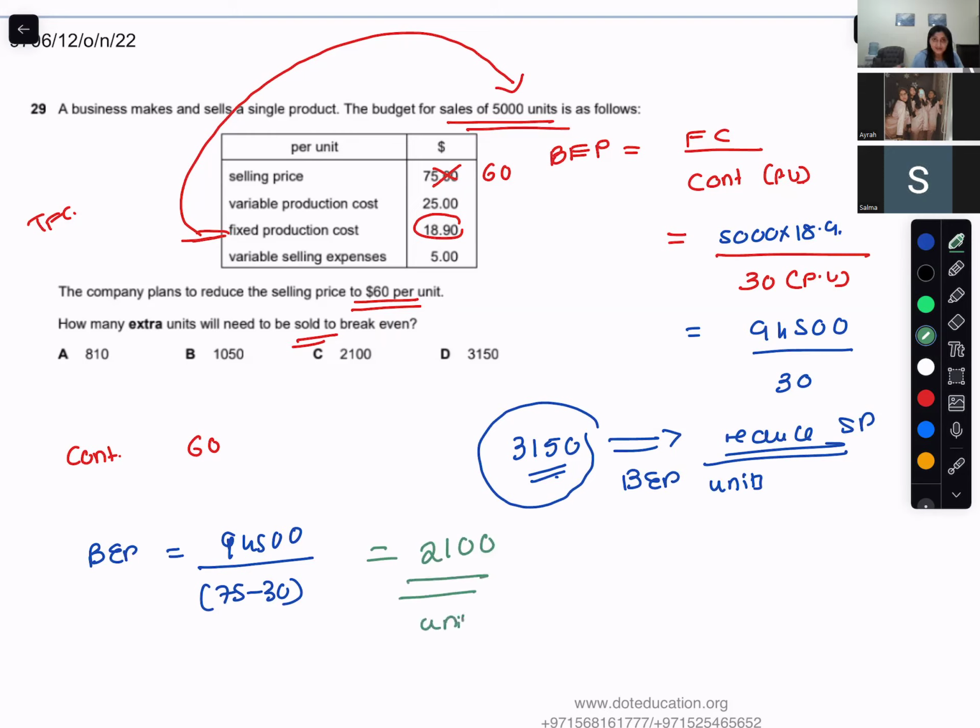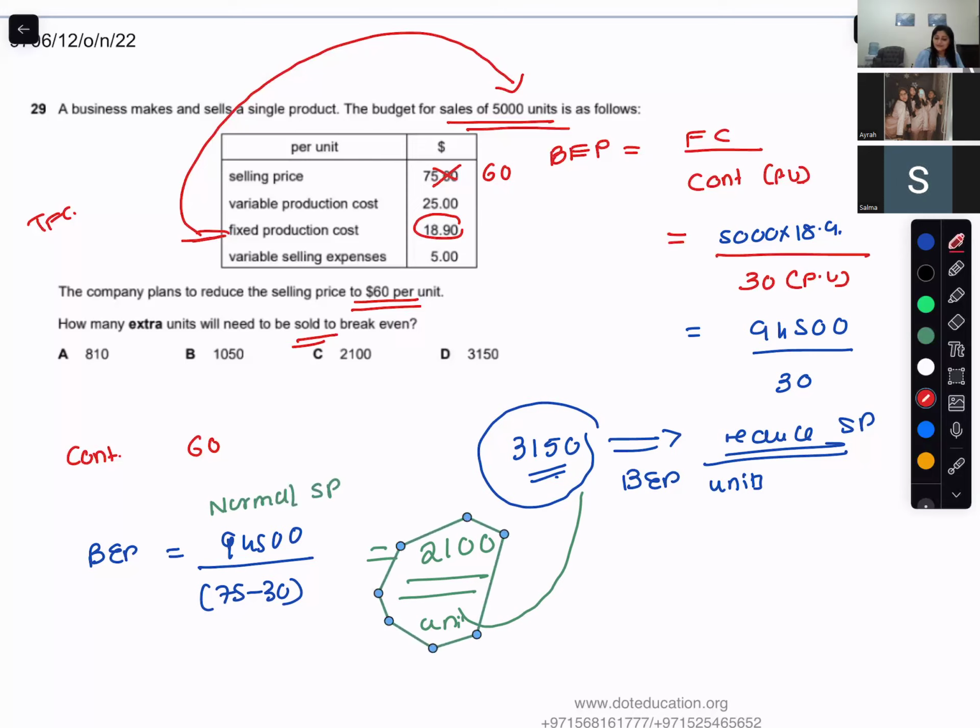So how many extra units I will have to sell? Wait, I think I made a mistake. 75 minus 30, no, it's correct, only 2,100. When you had your normal selling price, you were doing break even at 2,100 units.